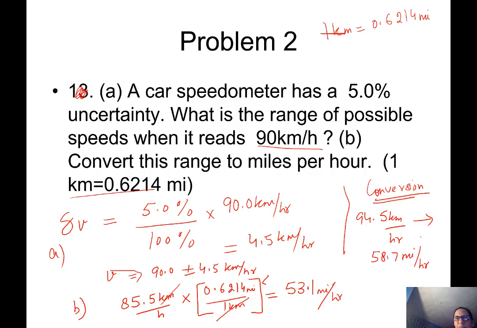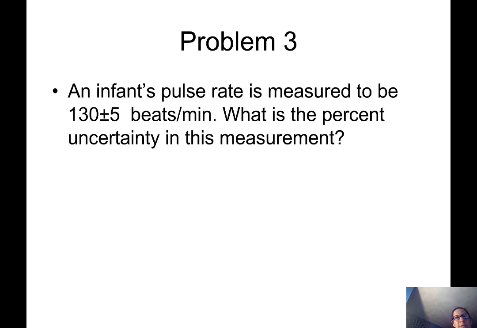So our range is between 53 and 58.7, whereas over here we had 85.5 to 94.5. This is how we do the conversions, but we will have tons of problems on this. I was just introducing the concept.